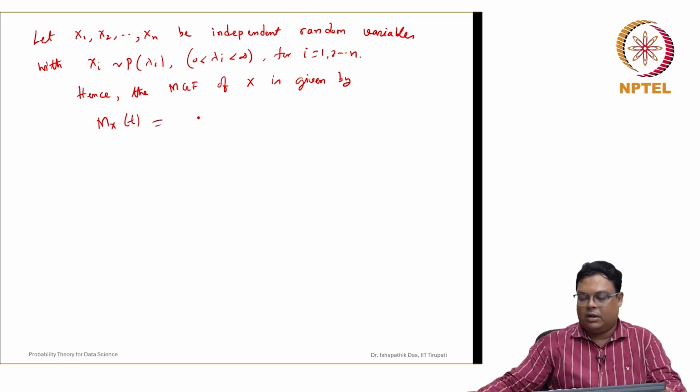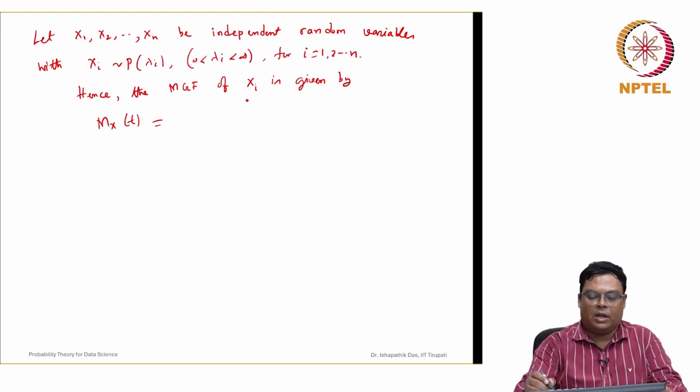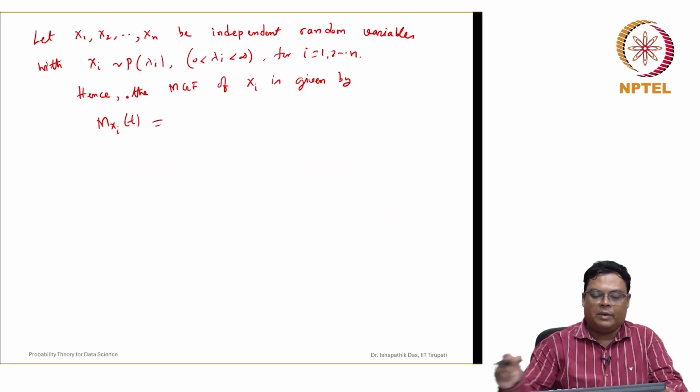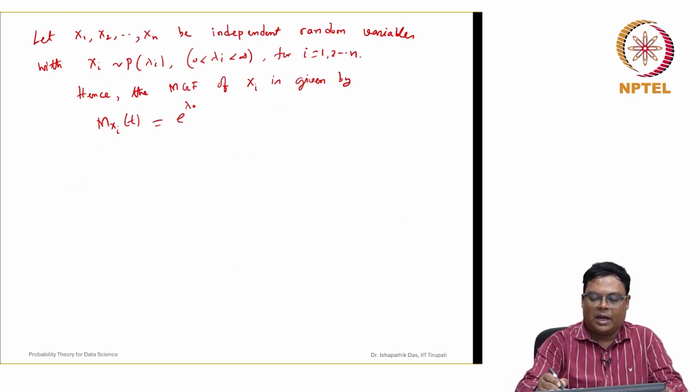Directly we write that, we will not compute this. The parameter is lambda_i, so it will be e to the power of lambda_i times e to the power of t minus 1.